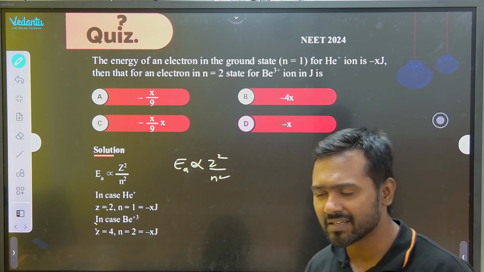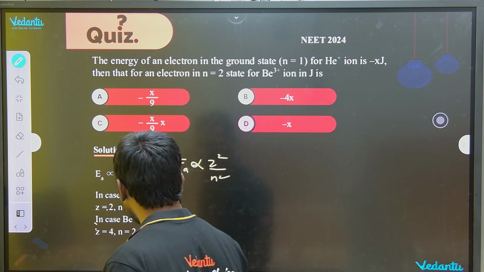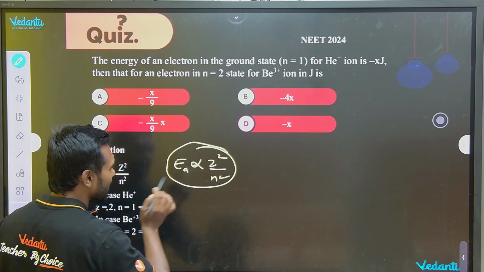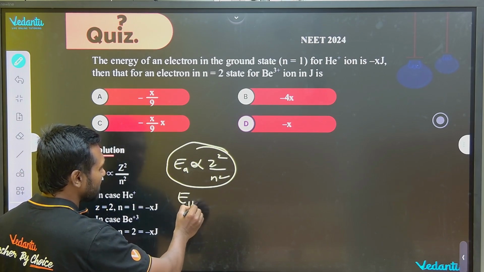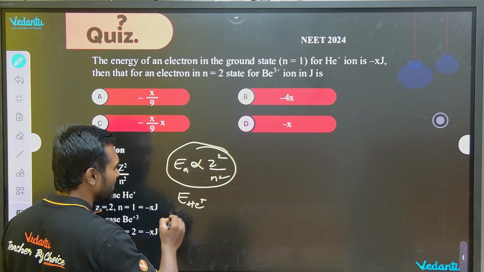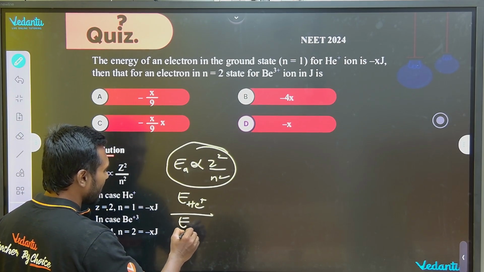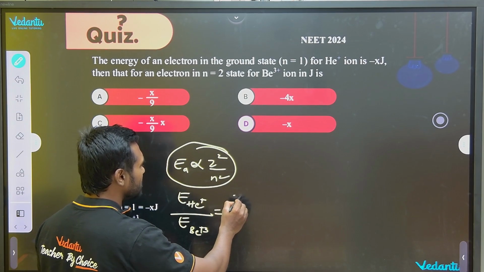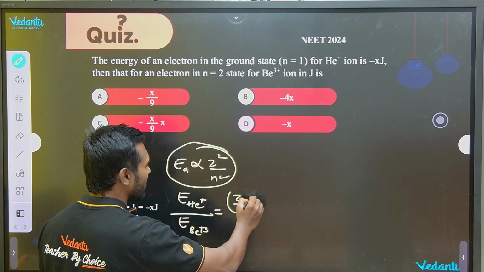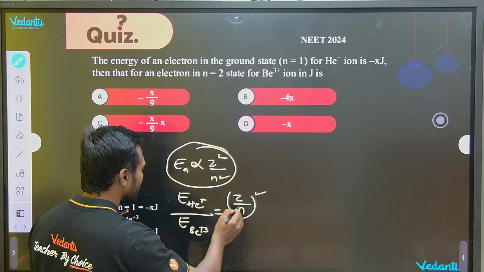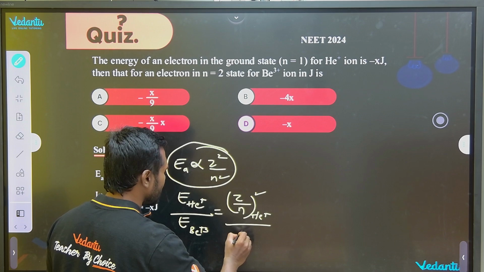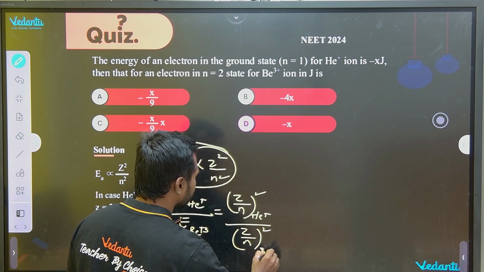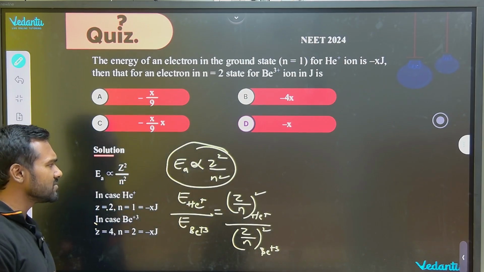This is a simple question, you can substitute directly. If you take the ratio, you need not take minus 13.6. They are asking the comparison value. For helium plus and beryllium 3+, you are going to get the ratio of Z by N whole square of helium plus to Z by N whole square of beryllium 3+.